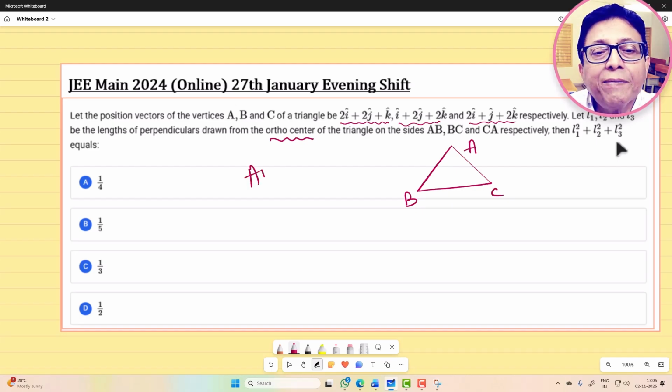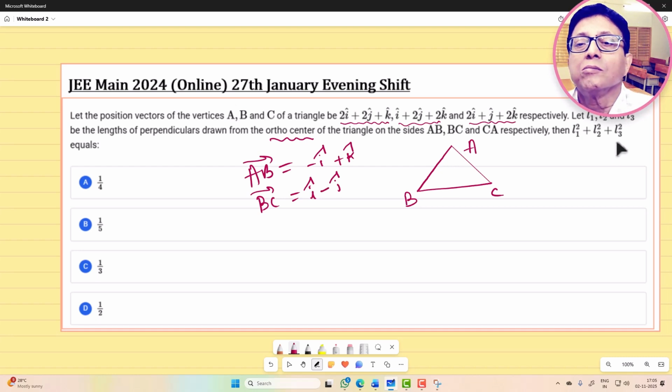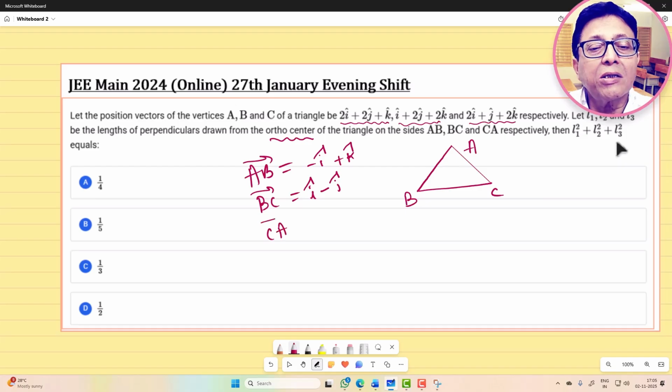Then what is AB vector? Position vector of B minus A: minus i plus k. What is BC vector? C minus B, that is i plus j. No, it is C minus B, so this will be minus j. And CA vector is what?